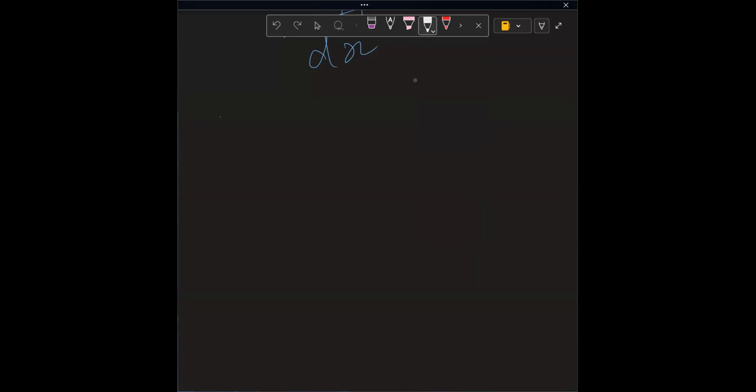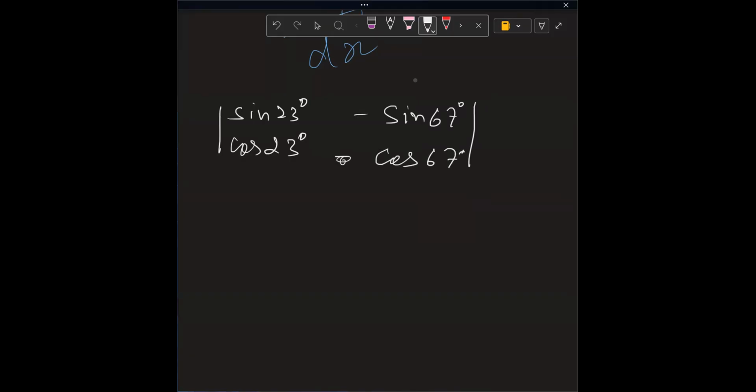Okay, so the first question was sine of 23 degree, right? Yes, sir. Sine 23 degree, minus sine 67 degree, over cos 23 degree, minus cos 67 degree. So you have to just find the determinant, so you have to just cross multiply this.